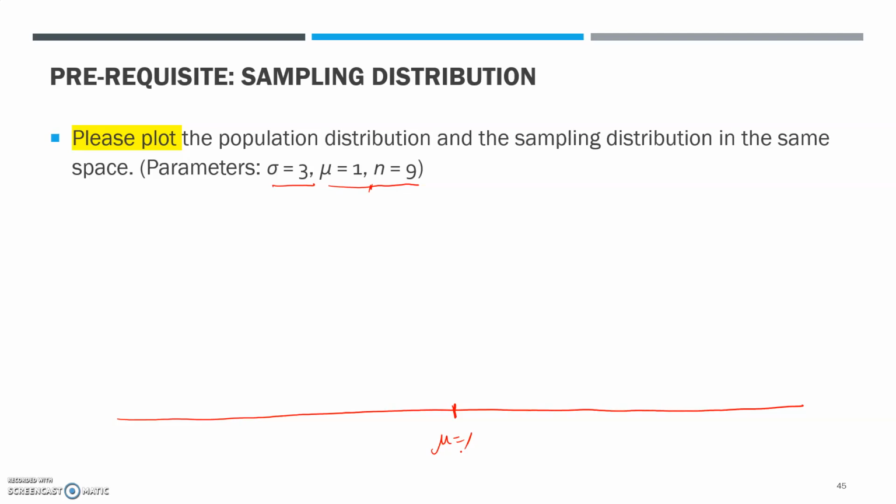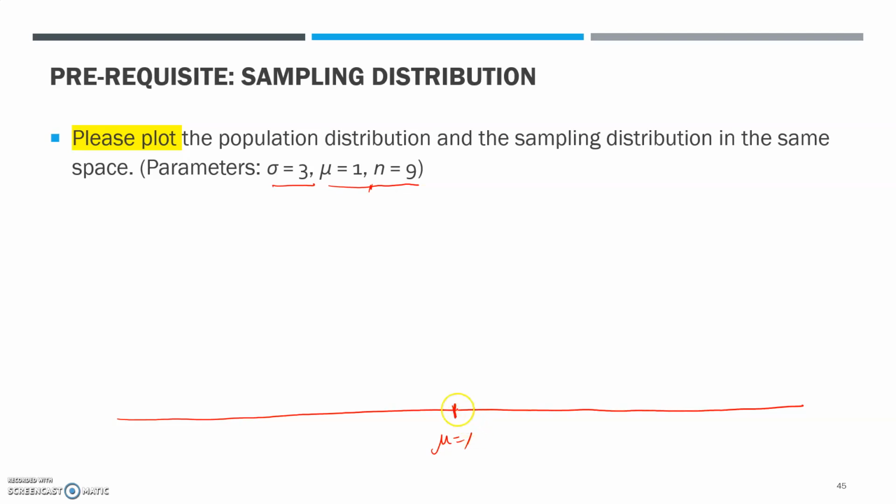I want you to plot both the population distribution as well as the sampling distribution with a sample size of 9 together at the same time. Please pause and think for a second. See if you can handle this question yourself. Okay?